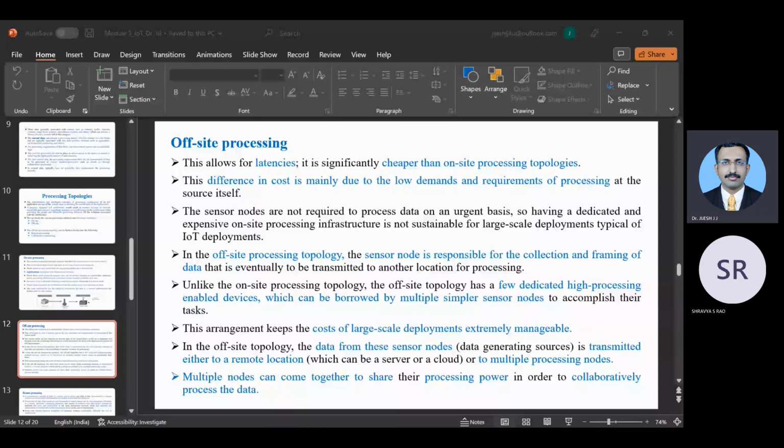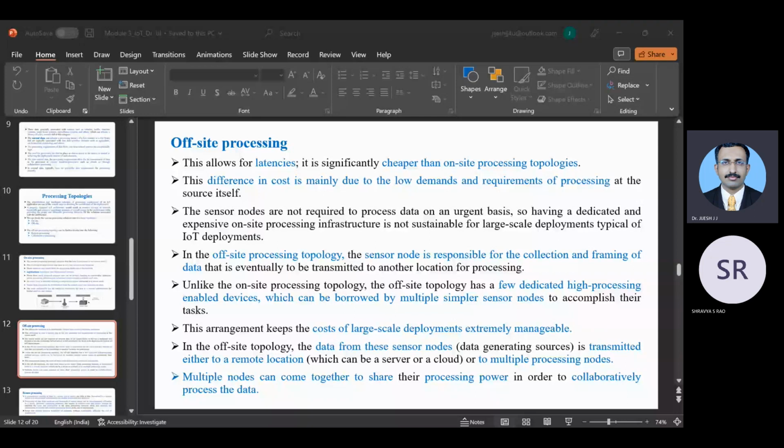Whatever processing has to be done will not be done on-site, it will be done off the site, in the remote server or cloud-based infrastructure, where this information will be processed and then further transmitted. That is what remote processing is.